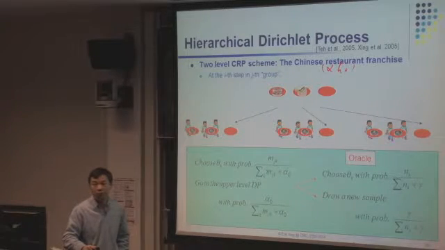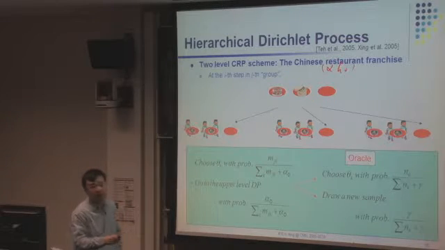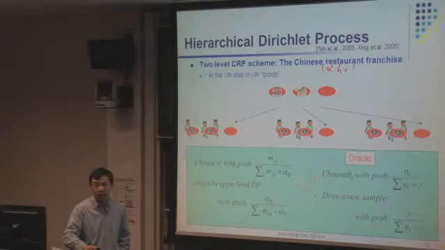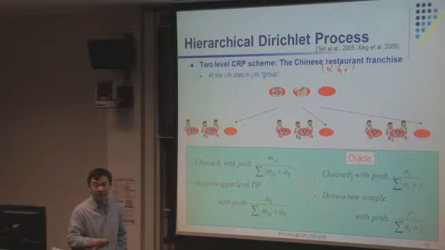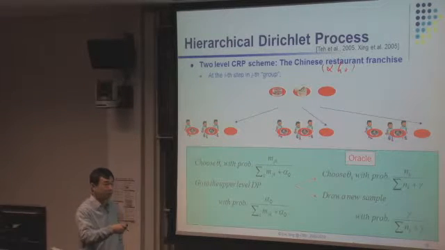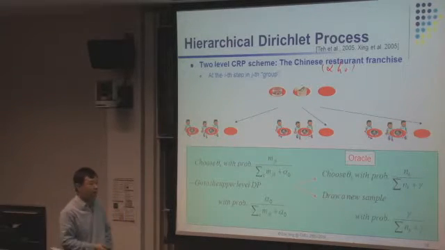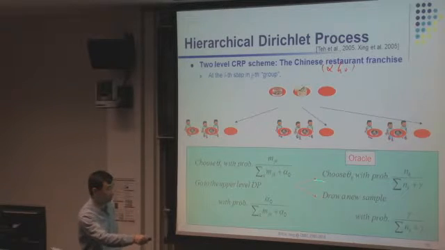But still, he could have a probability of choosing a new table even in that template restaurant. And in that case, I'm going to go above and draw a totally fresh dish from a base measure and put it there and also copy it to here. But that same dish, the new one, once instantiated, becomes an occupied dish, and therefore other restaurants can use that as well. Okay, so this is a two-layer hierarchical Dirichlet process, and here I made the whole thing pretty explicit.